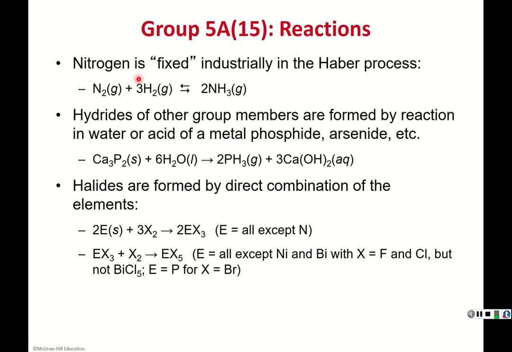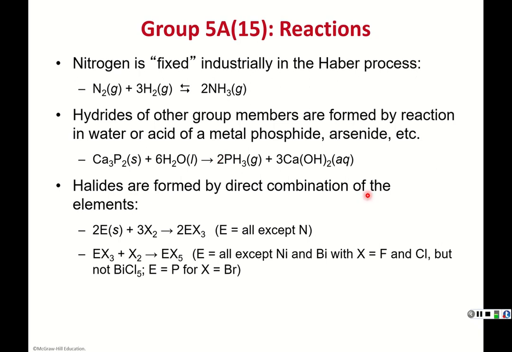The hydrides of other group members are formed by reactions of water or acid with the metal phosphide or arsenide. So this would be kind of an example of this for phosphorus. Remember, the other hydrides are very reactive and very toxic.